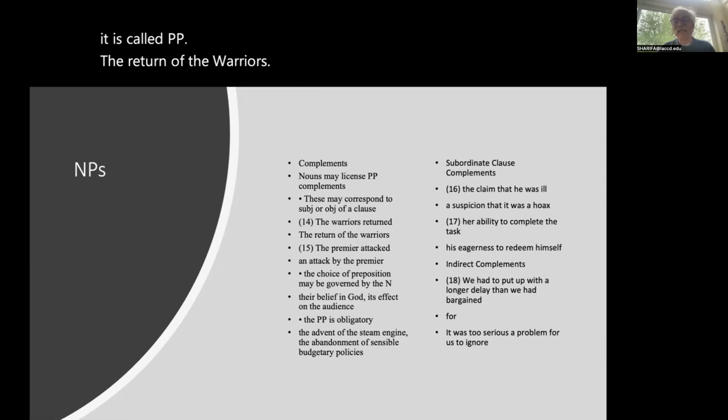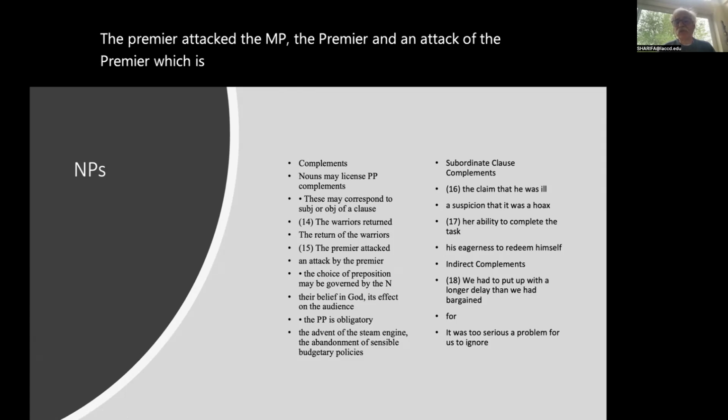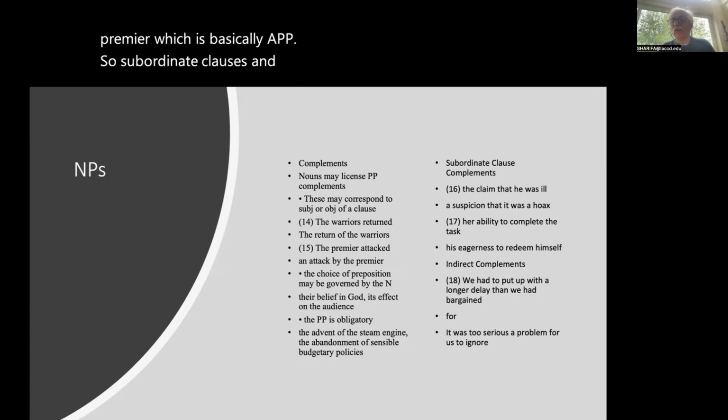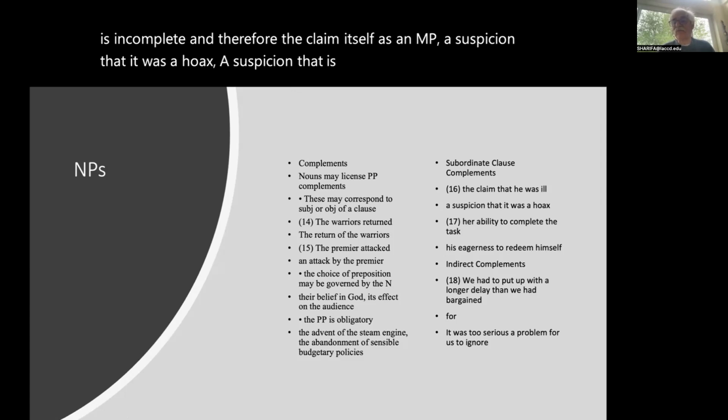The premier attacked: the NP, the premier, and an attack of the premier, which is basically a PP. So subordinate clauses and complements: the claim that he was ill. It is incomplete, and therefore the claim itself is an NP. A suspicion that it was a hoax, a suspicion that is an NP itself.